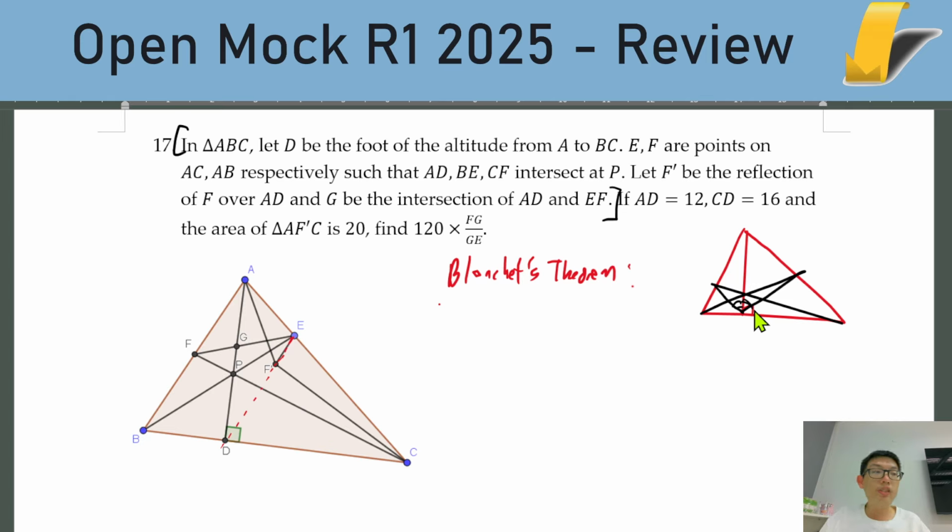The other is using some projective geometry. But in any case here, because F prime is the reflection of F over AD, this is a reflection, and therefore this is actually a straight line. So if you don't know the theorem, you look at the diagram, it seems to scale. Please make educated guesses. That does not mean guess the answer, sometimes guess a property.